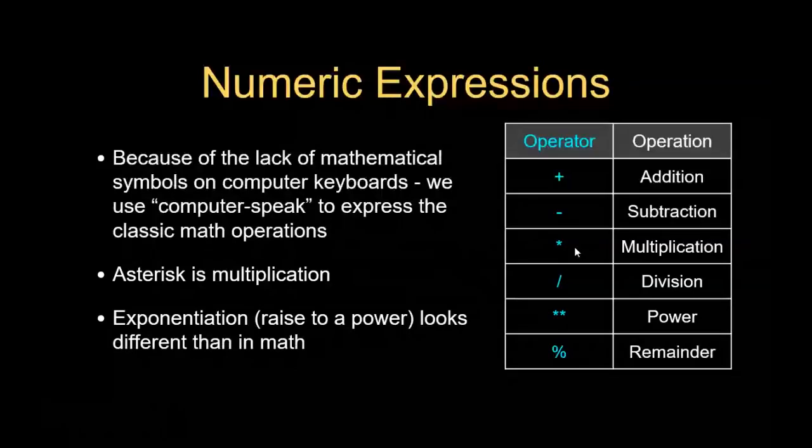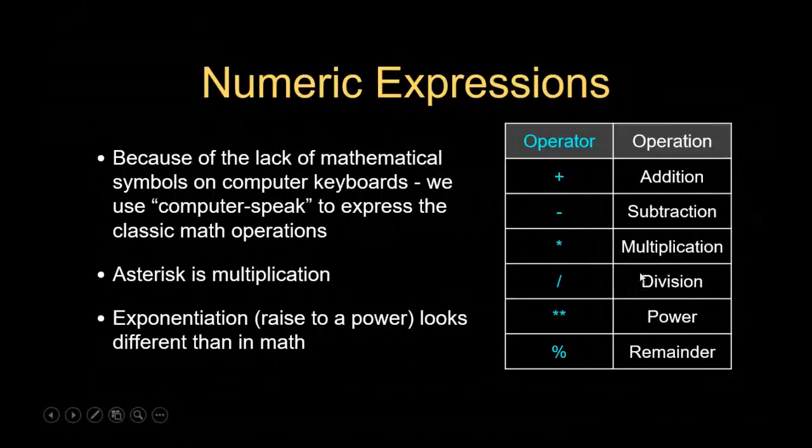They use an asterisk, and for the typical division sign, they use the /. And to raise something to the power of, an exponential, Python uses 2 asterisks, and the remainder uses the % sign, which is also called the modulo or modulus. And I think we talk a little bit more about that next week.